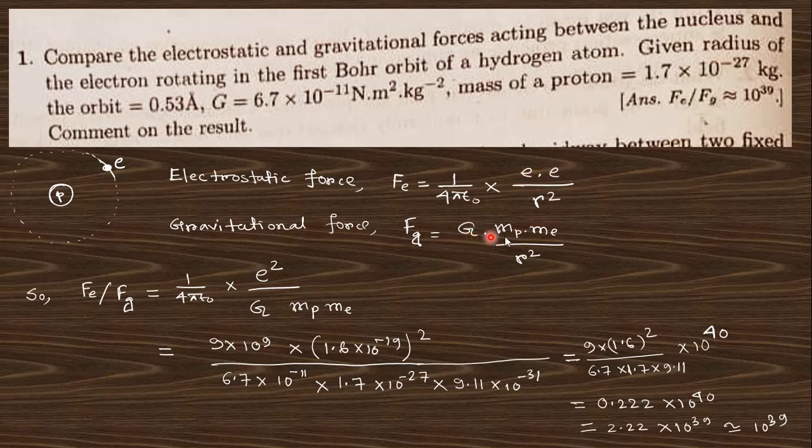The gravitational force is G m1 m2 by r square, with the mass of the proton and the mass of the electron. If we take the ratio of these two forces, r square will cancel out, giving 1 by 4 pi epsilon naught e square by G m. If you put in the values, you get a ratio of the order of 10 to the power 39. Go to the next question.